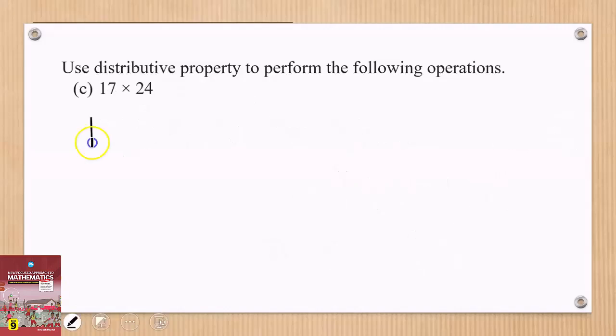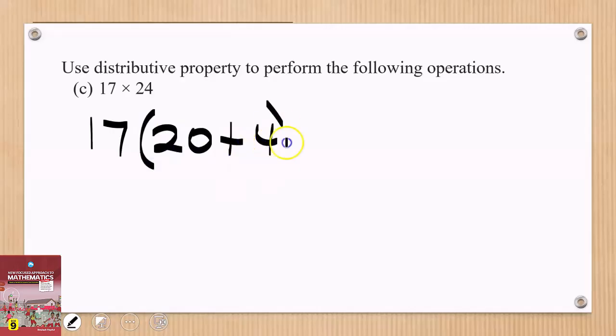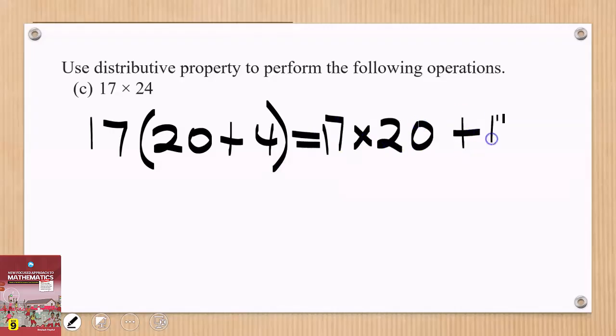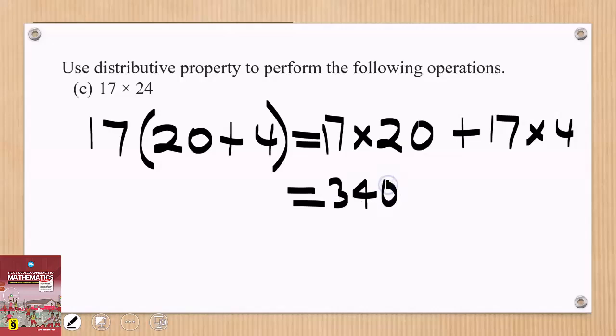And let's do the last one. 17 times 24. I can write 24 as 20 plus 4, and that will be very easy. I can write 17 times 20 plus 17 times 4. Of course, 17 times 20 is more or less doing 17 times 2, which is 34, then you attach our 0.